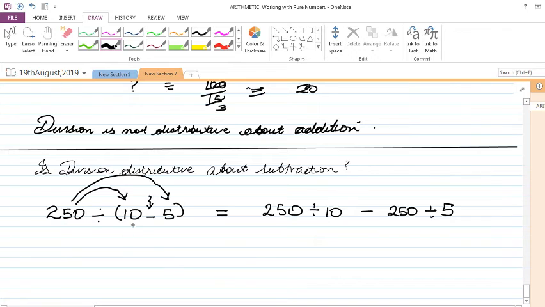Well, in this left hand side, these are brackets, so I know 10 minus 5 is 5. So I'll get 250 divided by 5, which will be 50. On this side, 250 divided by 10 will give me 25, obviously, and 250 divided by 5 will be 50.